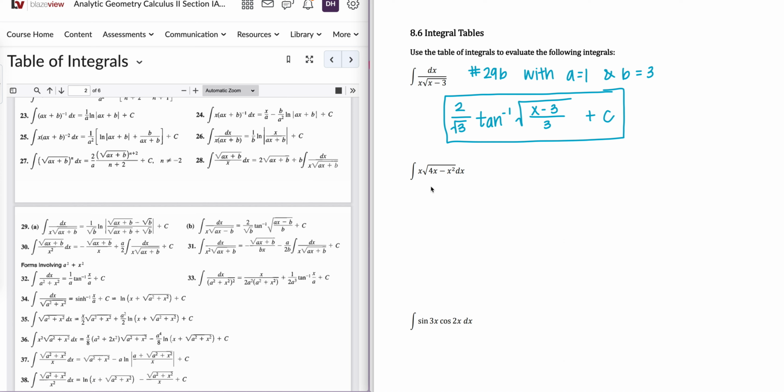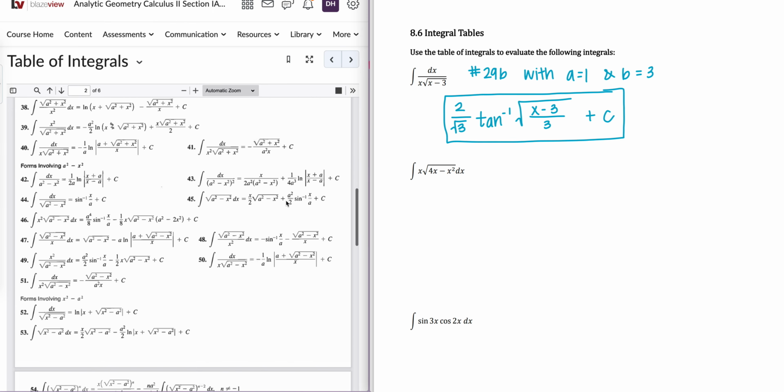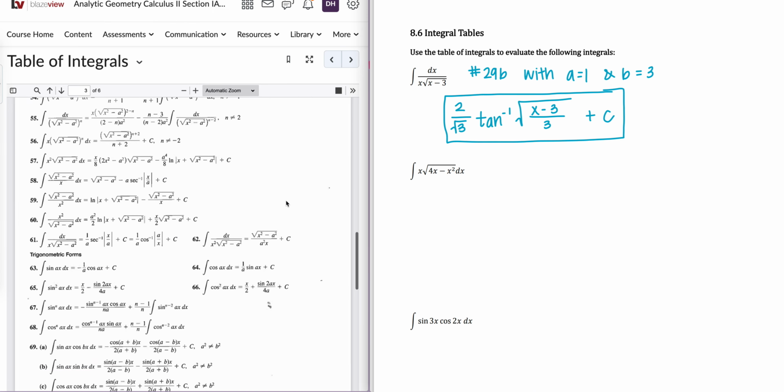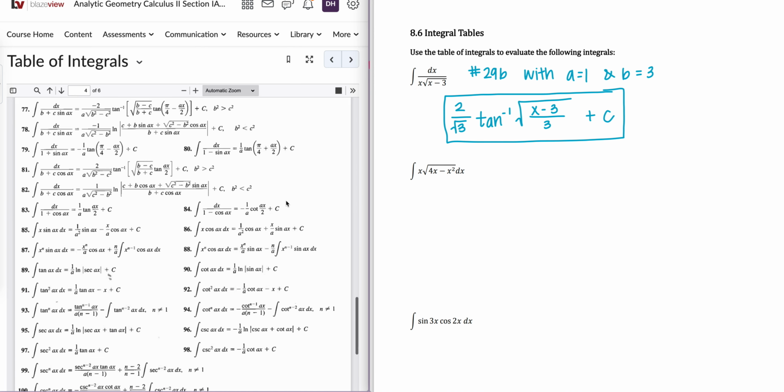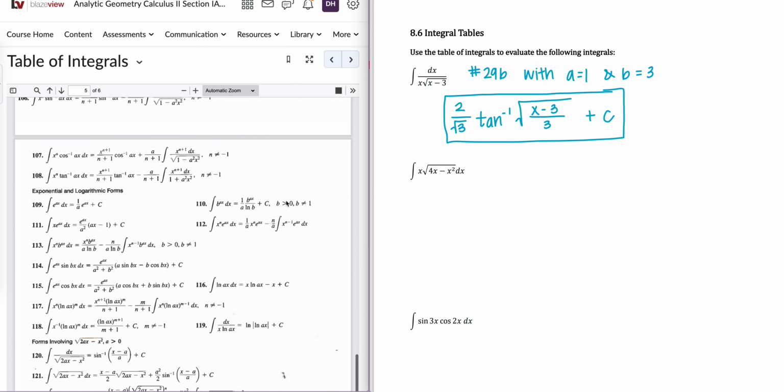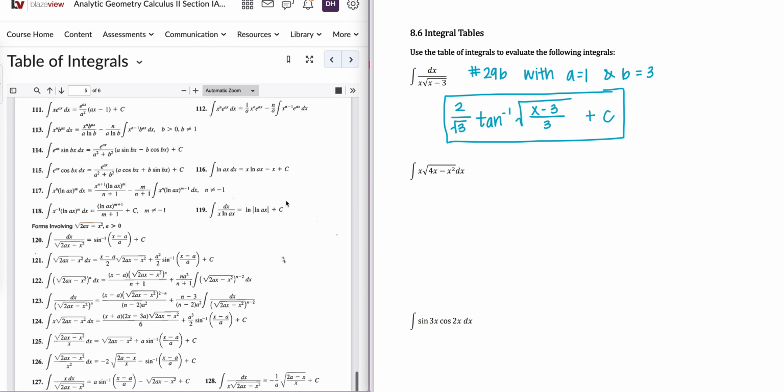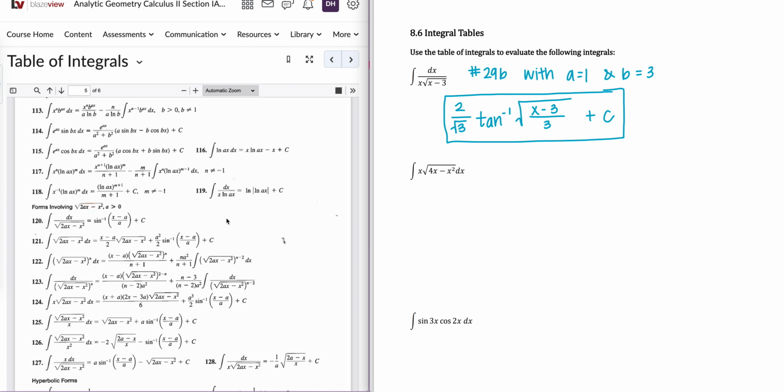So moving to the second one here, we're asked to integrate x times the square root of 4x minus x squared dx. So this one takes a little bit more searching through this table. It's going to end up using number 124. And you can see here it says forms involving the square root of 2ax minus x squared.